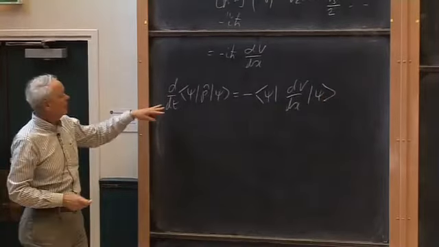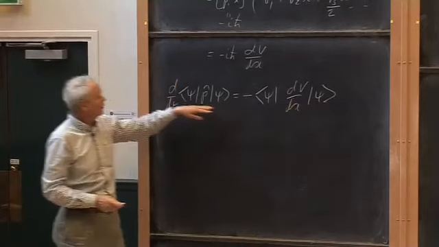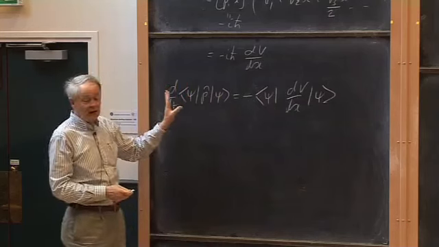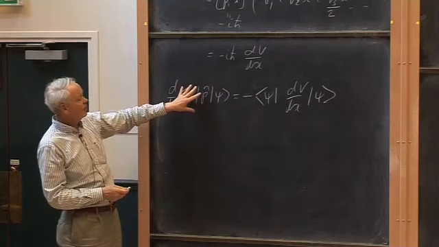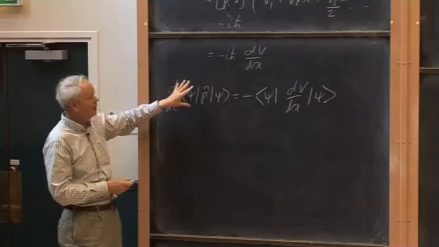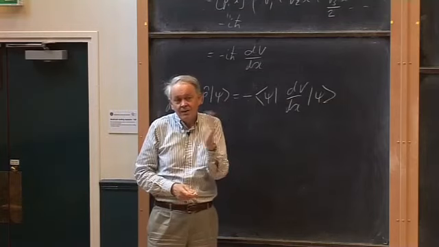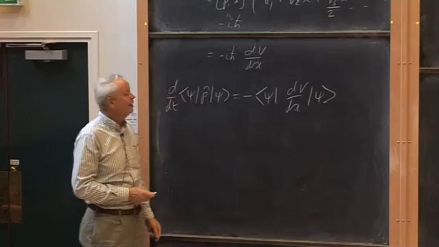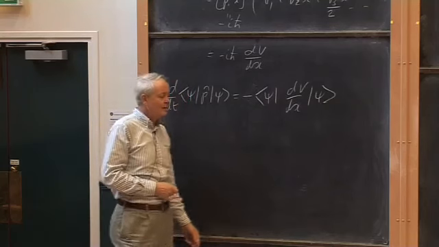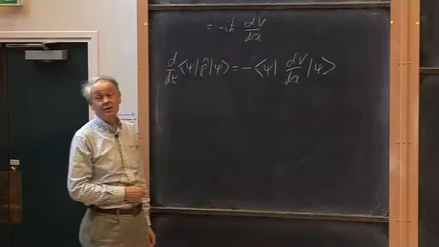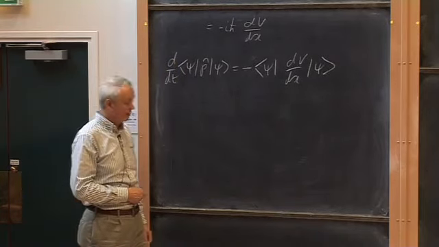So lo and behold, we have Newton's law of motion: the rate of change of momentum is equal to force, but in this expectation value sense. The expectation value of the force has to be thought of as something that has quantum uncertainty, because the position is uncertain. Different positions will give rise to different forces, etc.